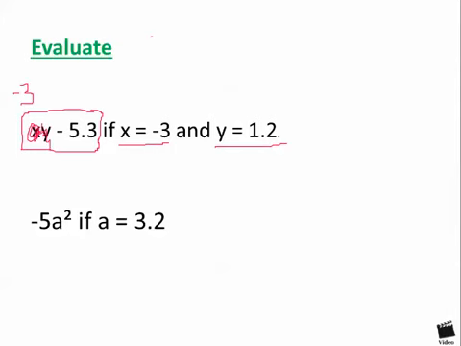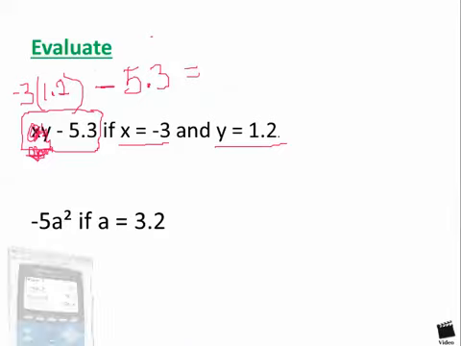Take out this y, put in 1.2. When x and y are next to each other down here, we're supposed to multiply them. So when I have them at the top, I'm going to multiply them there too. Then I don't want to lose this 5.3, so I'm just letting it fly along in my problem.